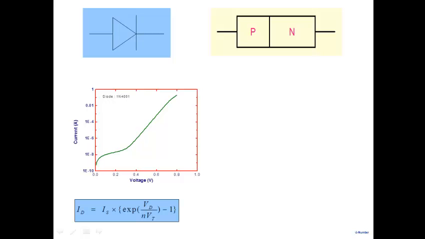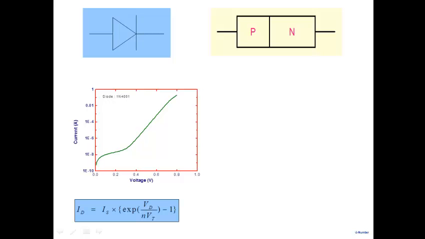Also note that every equation that we will talk about will have a certain range of validity. You can see here that this equation is breaking down, with a different behavior at very low voltages. Similarly, if I had gone to higher voltages or currents, I would have found that this curve is no longer a straight line, but starts curving.